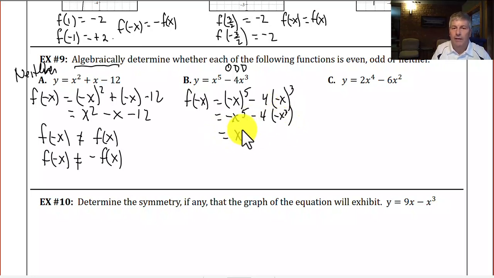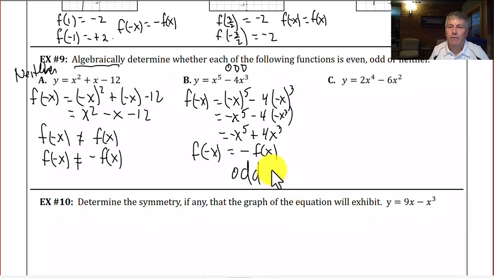Multiplying this, we get negative x to the fifth, a negative times a negative is a positive, plus 4x cubed. So each one of these is an opposite sign. So in our case here, f of negative x equals the opposite of f of x. That is an odd function, and it'll be symmetrical across the origin.